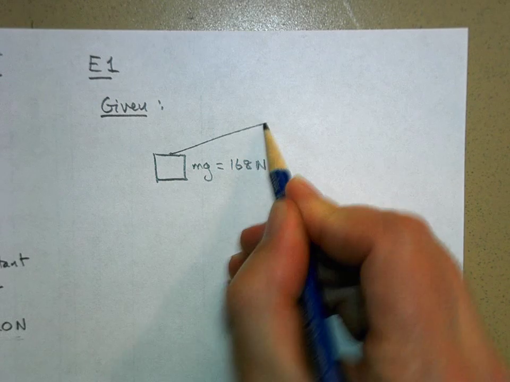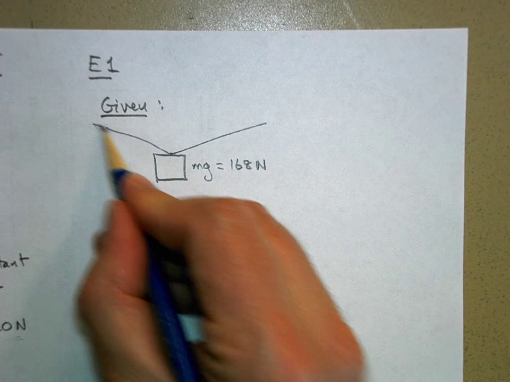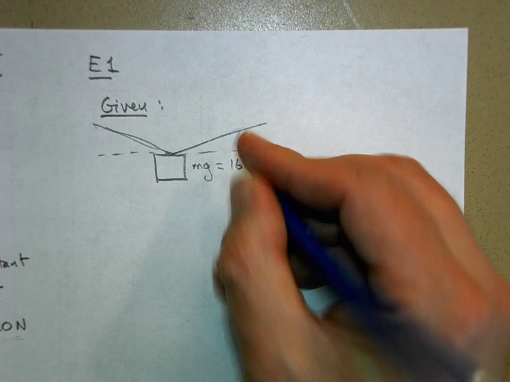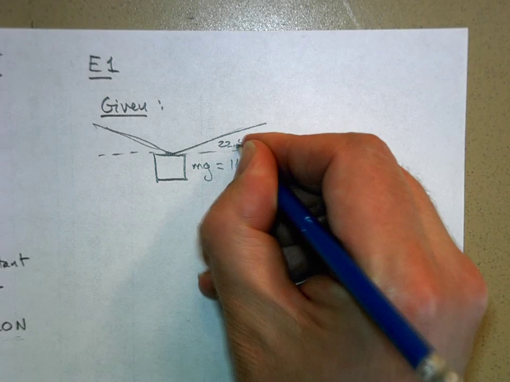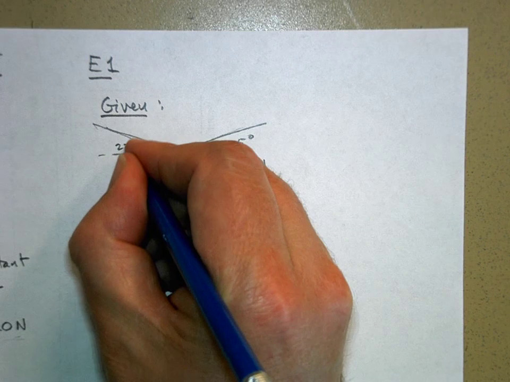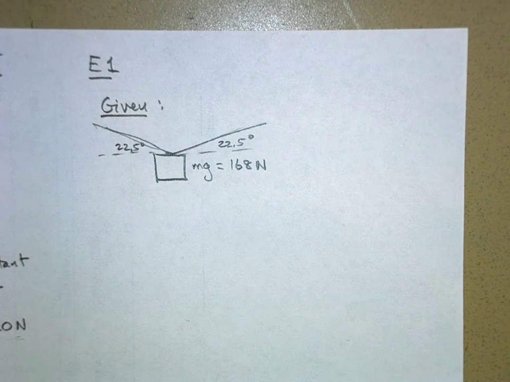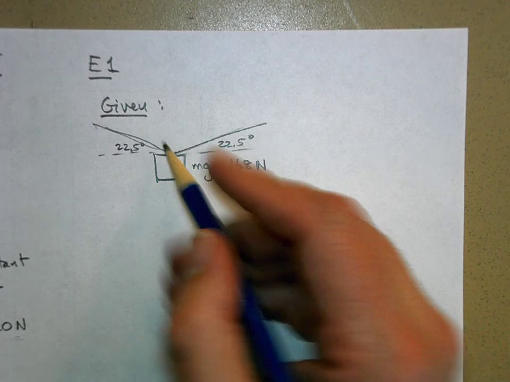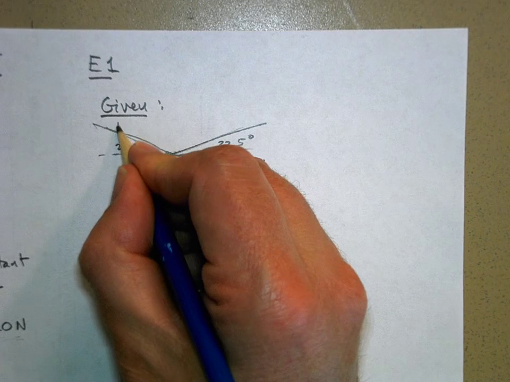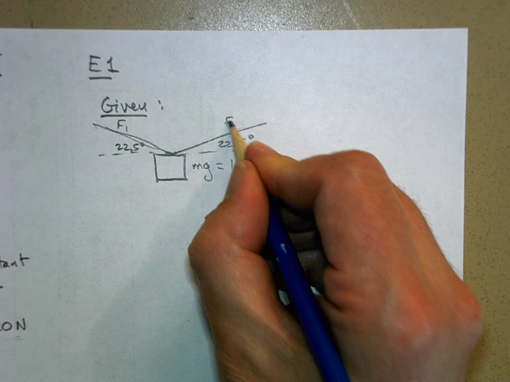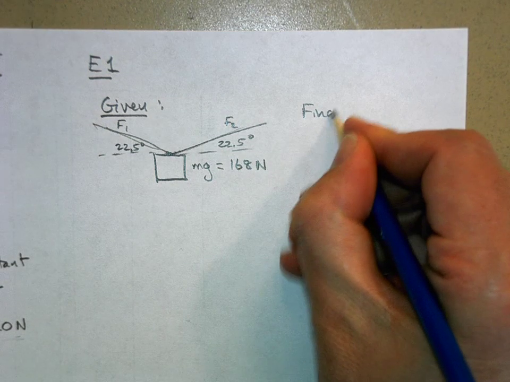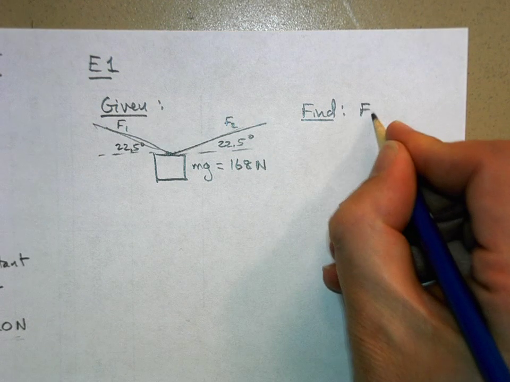And we've got two ropes that are tied to the top of this thing, and they're at symmetrical angles of 22.5 degrees, like that. And we want to know what is the force in these ropes. So we'll call this F1 and this F2. So we want to solve for F1 and F2. So find F1 and F2.